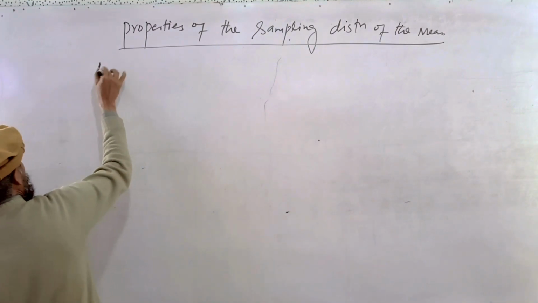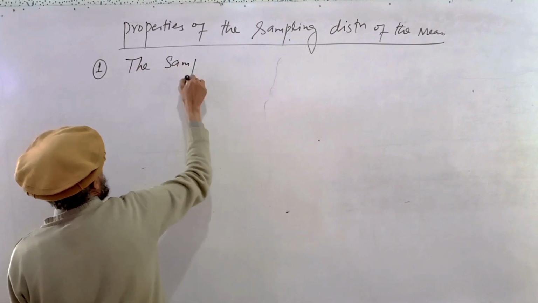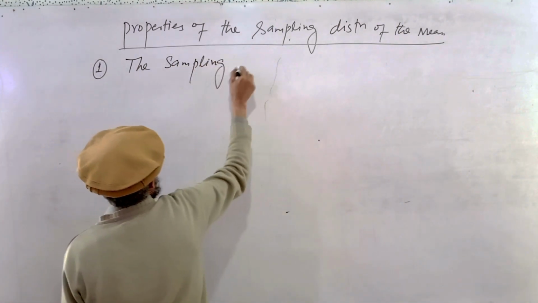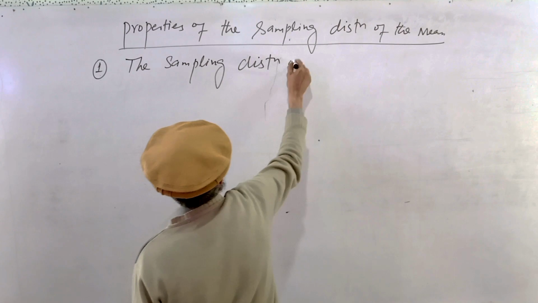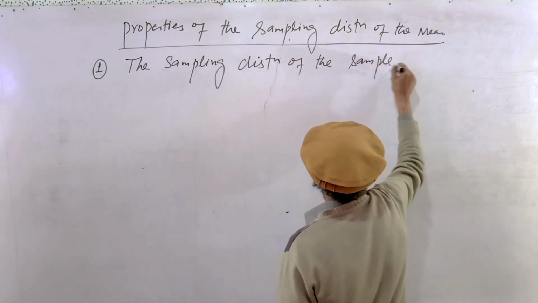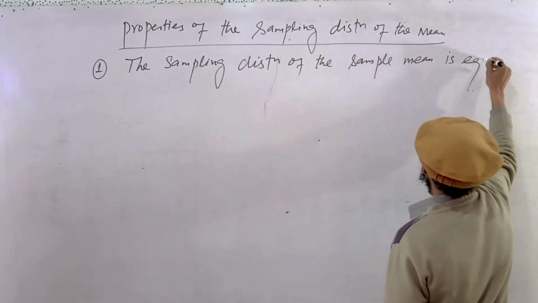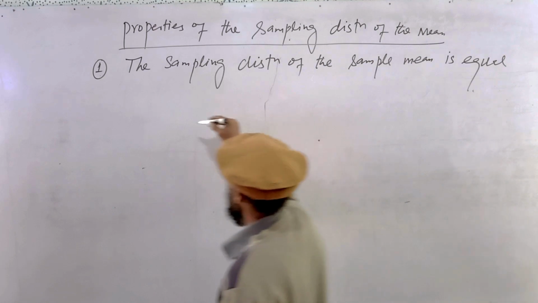The first property: the mean of the sampling distribution of the sample mean is equal to the population mean.